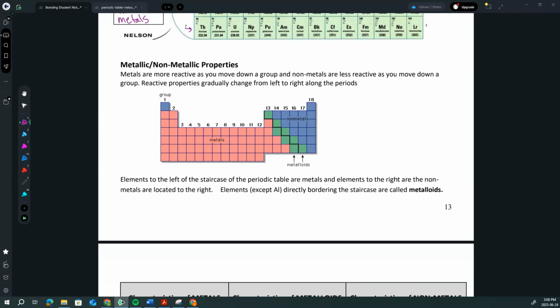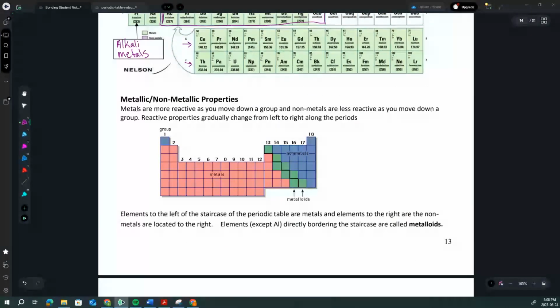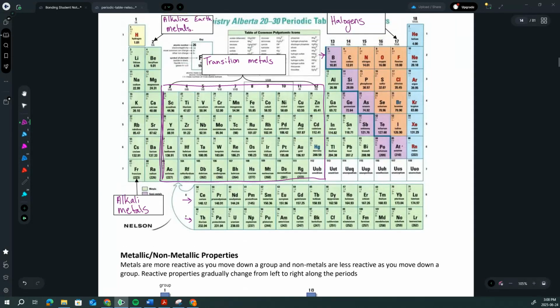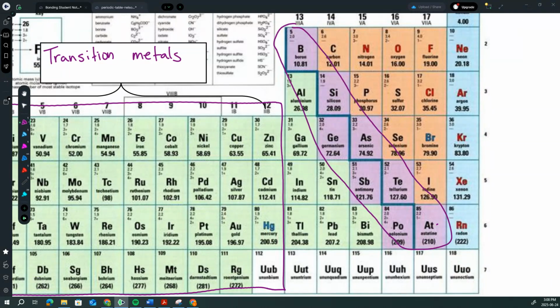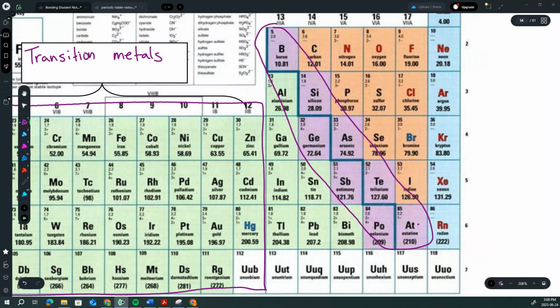Now, elements to the left of the staircase of the periodic table are metals, and elements on the right are nonmetals, which are located on the right of the staircase line. Elements, except for aluminum, bordering the staircase, those are called metalloids. Okay, so these purple elements here, so let's circle them. With the exception of aluminum, all those purple elements, those are called metalloids.